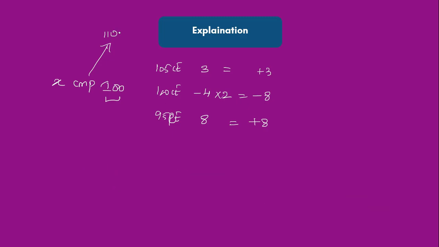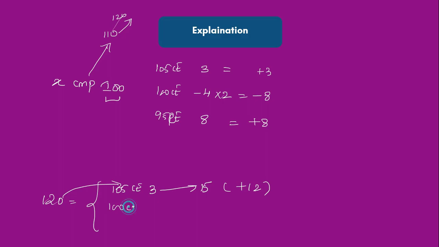Now, if the stock instead of 110 goes to say 120, from 110 it is going to 120. So at 120, let us see what would happen. The 105 call, which is at 3, would become 15, because the difference between 120 and 105 is 15. You're getting a profit of 12 rupees. 100 call, which was at 4, would become 20, because the difference between 120 and 100 is, as said, again 20.